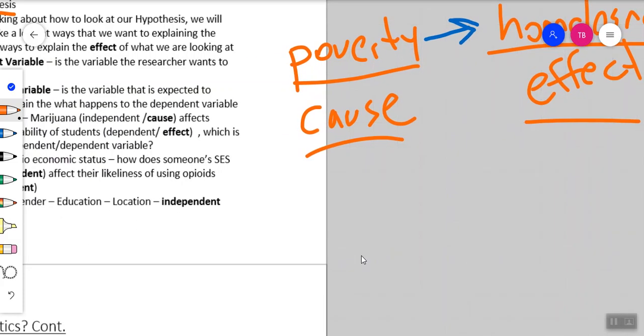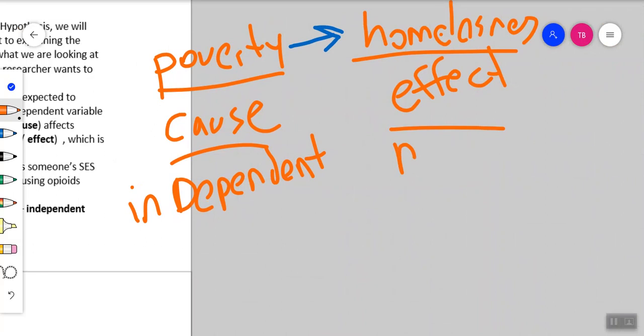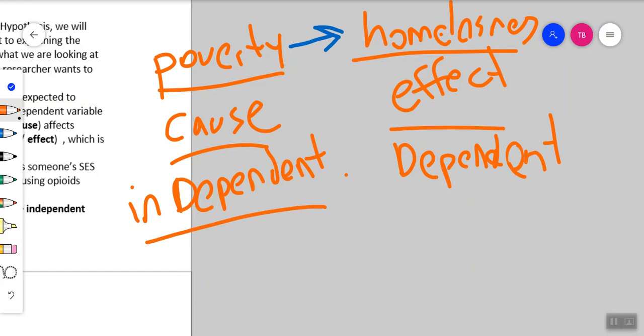So in statistics we call the cause the independent variable, and homelessness is the dependent. Independent and dependent. So the independent variable is the thing that causes the dependent variable to happen.